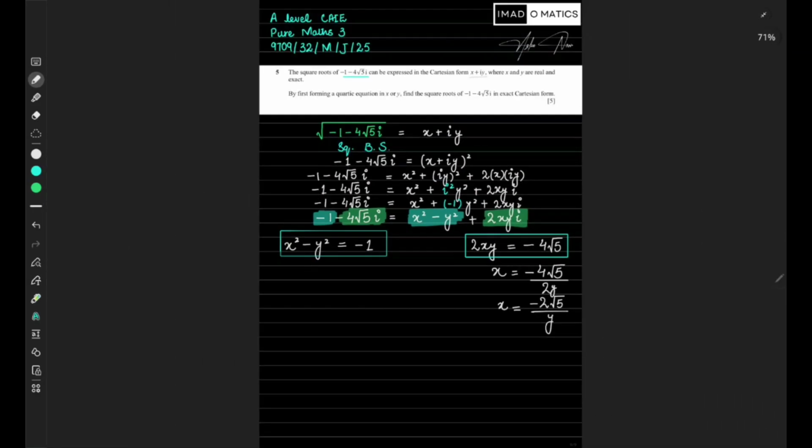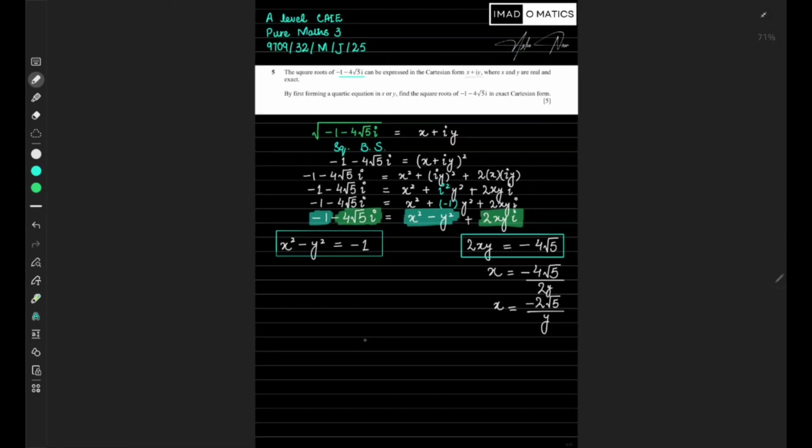Now substituting this in the other equation will give you minus 2 root 5 over y, squared, minus y square equals minus 1.